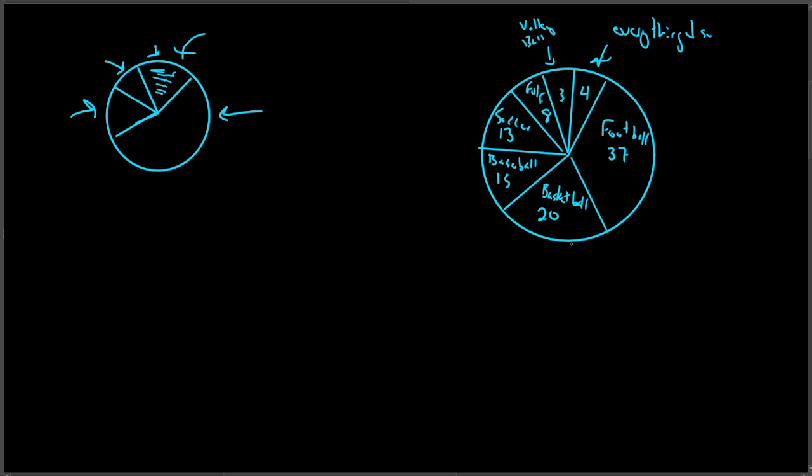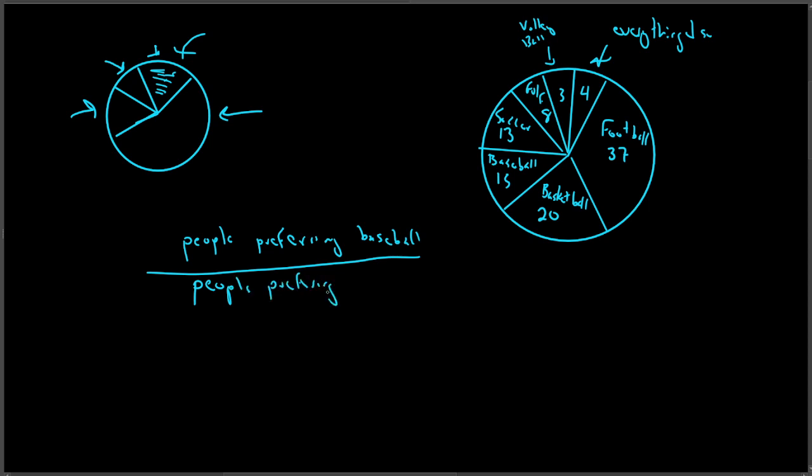And so this is a relationship of the number of things towards everything else. And so you can specifically look at the ratio of people preferring baseball to people preferring basketball, taking the numbers directly.